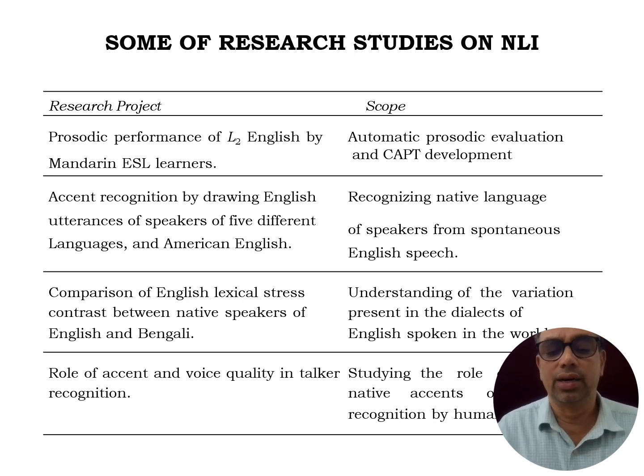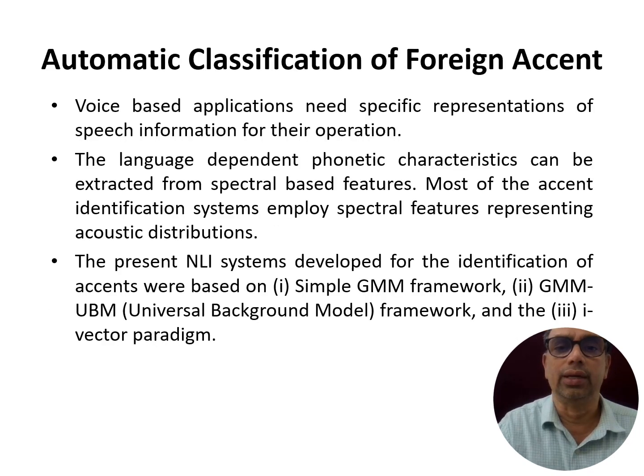This is for understanding the variation present in the dialects of English spoken in the world. The last one is role of accent and voice quality in talker recognition. So, studying the role of voice quality in native accents is the main issue here. And automatic classification of foreign accent.